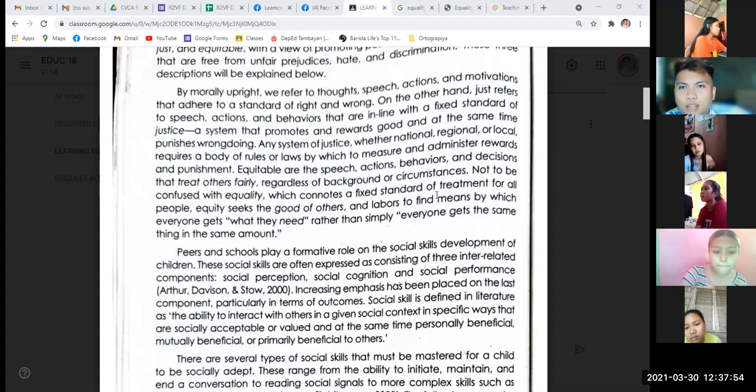Why do we need to understand the intricacies of social literacy? And at the same time, why do we need to learn how to teach social literacy? Sir, para may apply din natin to ng tama. And para makita natin kung saan yung mga kulang. Tsaka saan tayo mas magkakaintindihan.